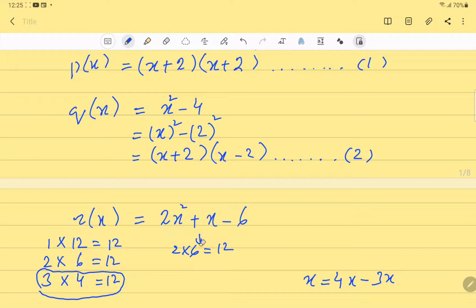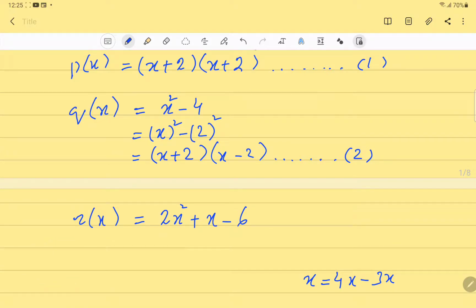Now we remove our rough work. Okay, 2x squared, instead of plus x we will write plus 4x minus 3x and minus 6.